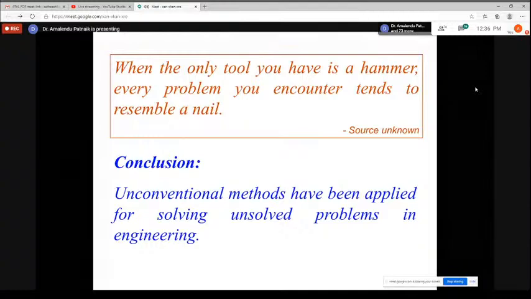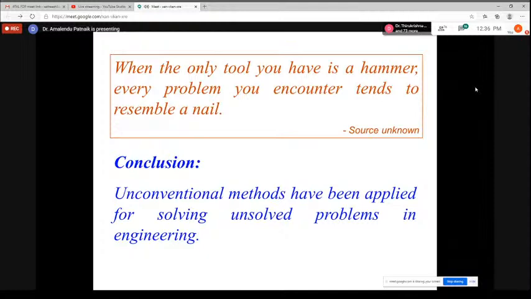Not only ANN, but also the other techniques, fuzzy logic, genetic algorithm, particle swarm optimization, ant colony optimization, BFO, many meta-heuristic techniques have been used for solving a number of complex antenna problems.